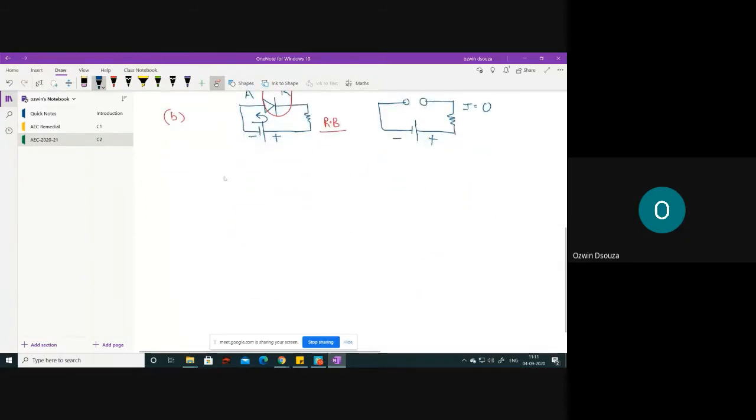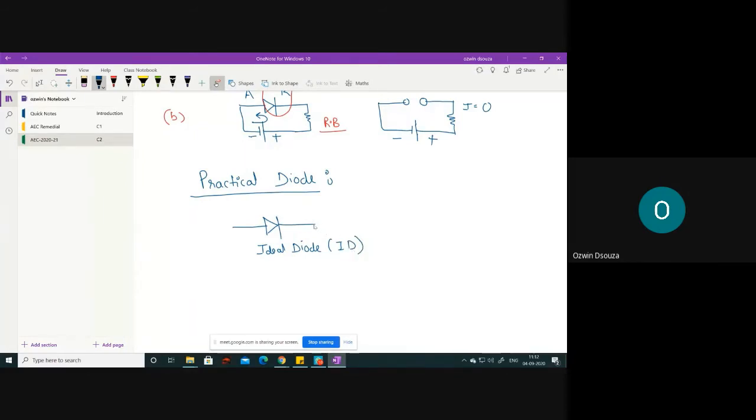Now, in the case of a practical diode, along with an ideal diode, let's say this is your ideal diode, in future let me write ideal diode as ID.